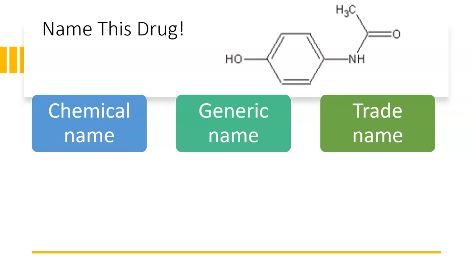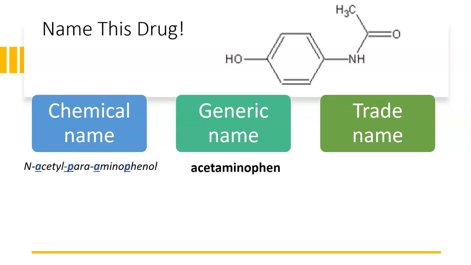We're going to start with the chemical name. So the chemical name of this is N-acetyl-para-aminophenol. Did I blow your mind yet? That's kind of complex. Who's going to walk in and say, I need some N-acetyl-para-aminophenol? Nobody, right? But the generic name of this drug, I bet you all have heard of.